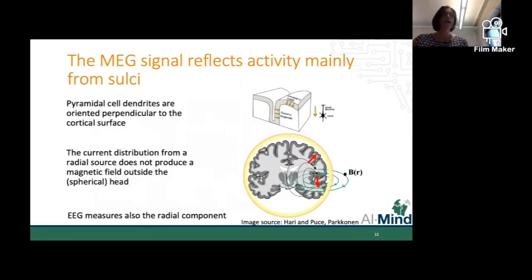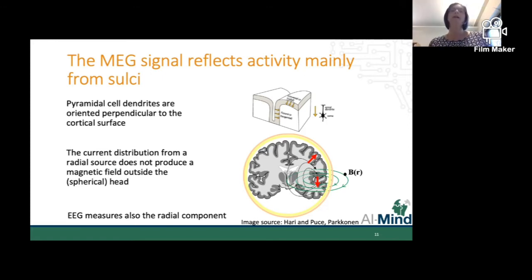Okay, so one other very important aspect when it comes to whether we can pick up a signal is how the cortex is oriented with respect to the surface of the skull. We know that the pyramidal cell dendrites are oriented perpendicular to the cortical surface.